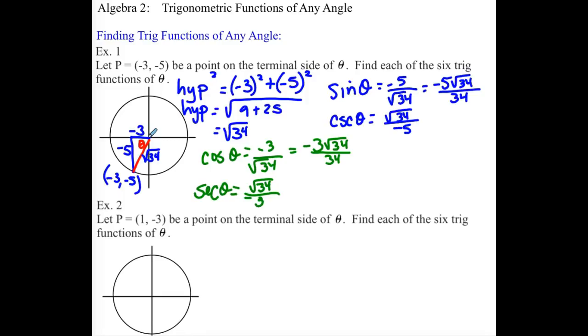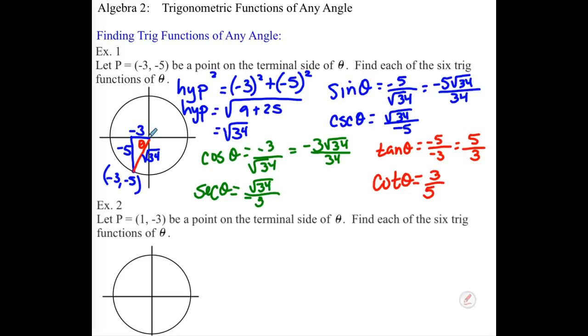And then the last one, we'll do tangent and cotangent. Tangent is opposite over adjacent. In this case, -5 divided by -3, or if we simplify, just 5/3. And then cotangent will be that reciprocal, 3/5.